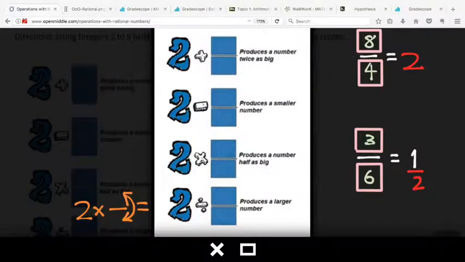And so if I want the product to be larger than 2, that means that this fraction here needs to be larger than 1. This fraction is going to be larger than 1 if that fraction is smaller than 1. So what we need here is a fraction which is smaller than 1. And if it's smaller than 1, what does that tell me about its numerator and its denominator?